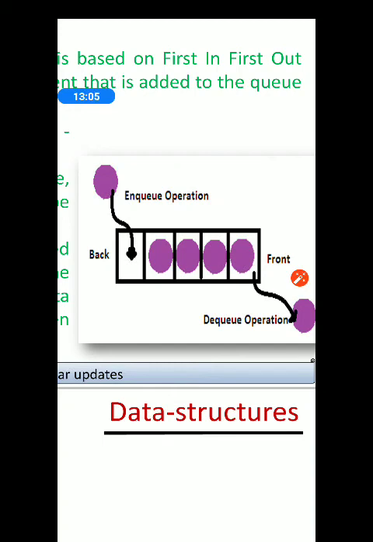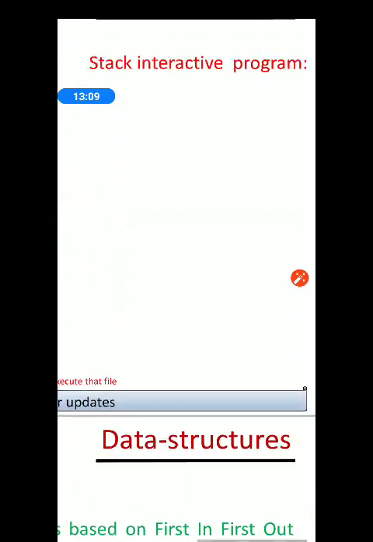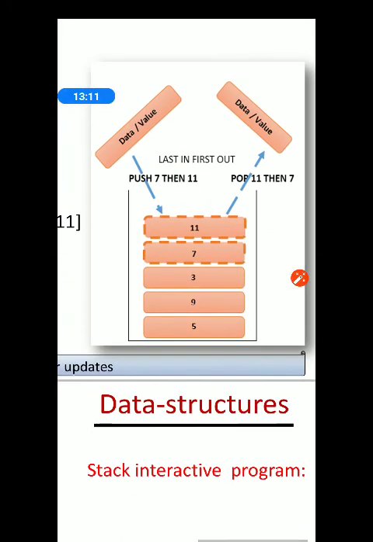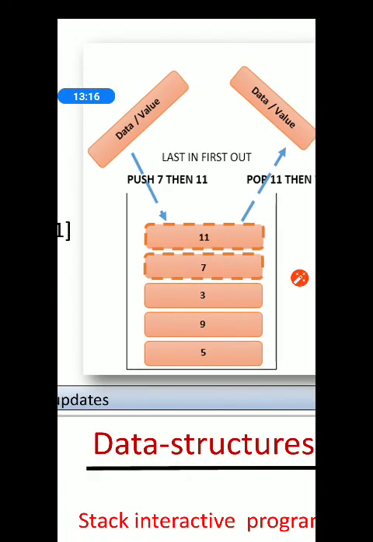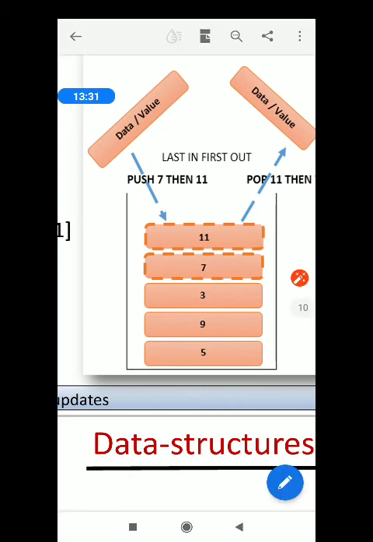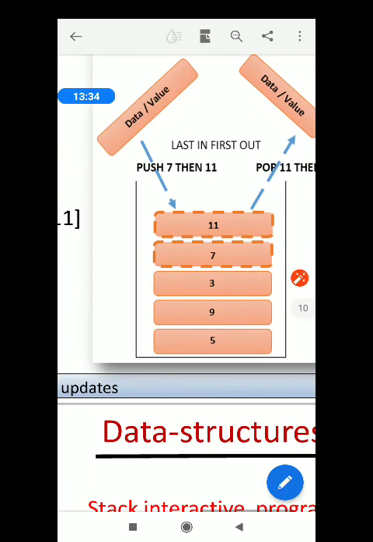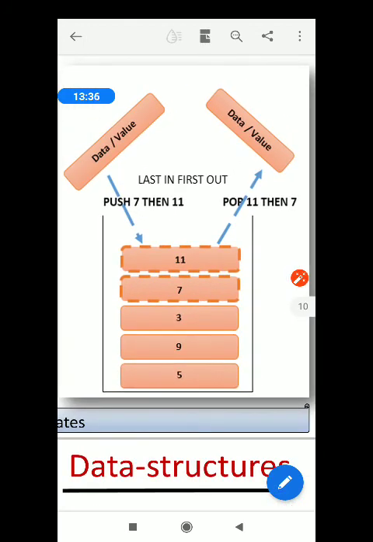In stack, the insertion and deletion was done from one end only, the upper or top part of the stack, and the other end is closed. So in stack, one end is closed and the other end is open. From that open end, the top end, the insertion and deletion will take place.